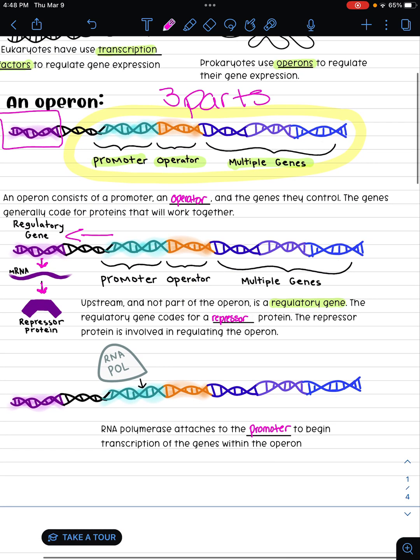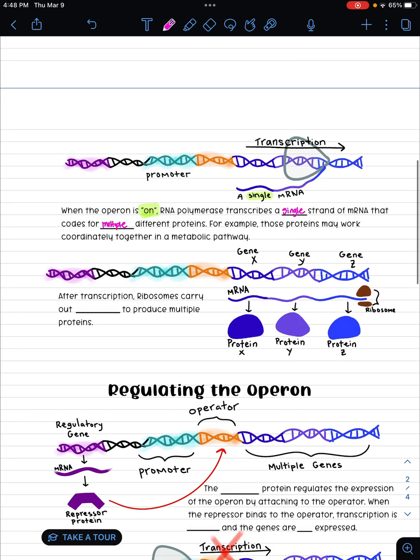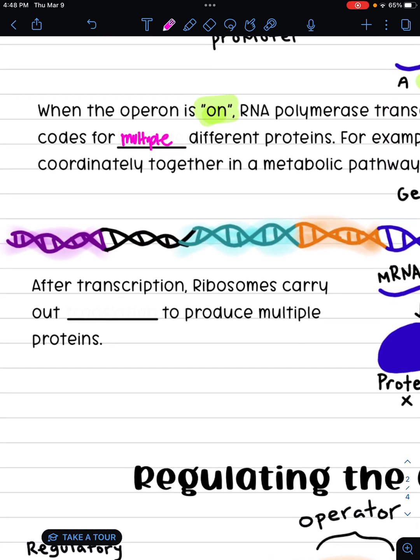So if we look up here, these are multiple genes. This would be one gene, this would be the second gene, and this will be the third gene, okay, in our example. And we've already gone over how this mRNA is made and how these proteins are made, right? They're made in the organelle called the ribosome. That was in chapter 4. So you have to learn all of these things in order to use that information.